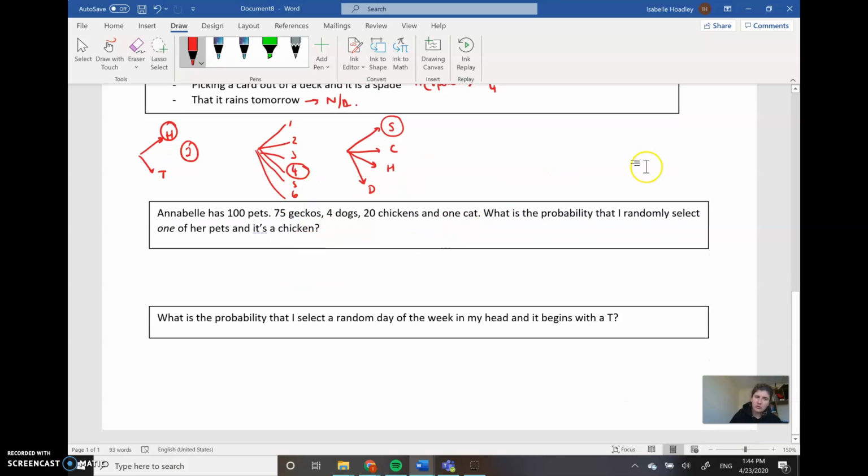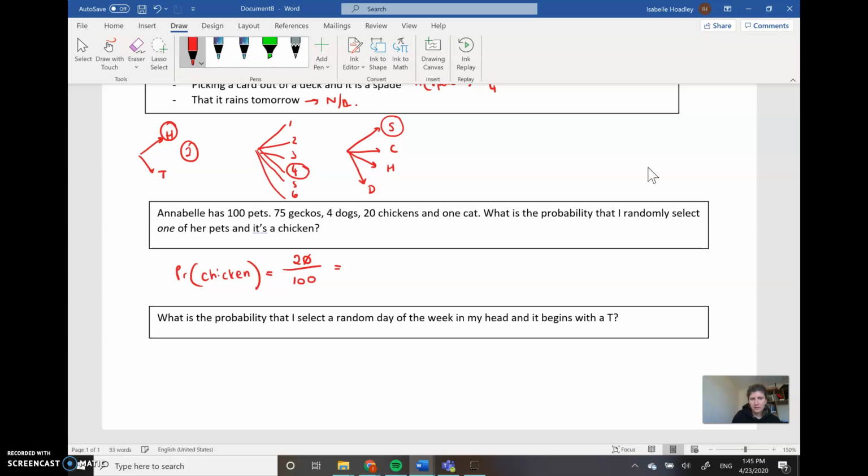Okay. Next question. Annabelle has 100 pets, 75 geckos, 4 dogs, 20 chickens and 1 cat. Annabelle, I hope that's around about right. What is the probability that I randomly select one of her pets and it's a chicken? All right, so the probability of a chicken is, now there's 20 chickens altogether and 100 pets altogether, so that's 20 out of 100.